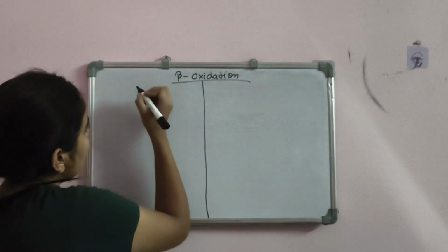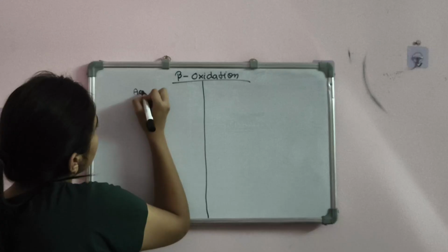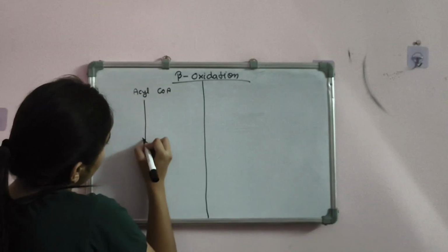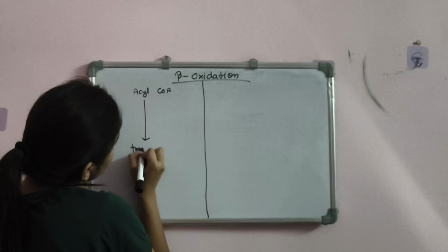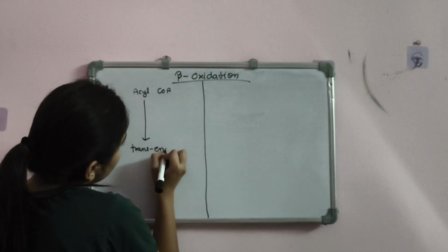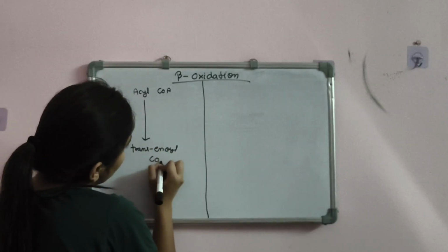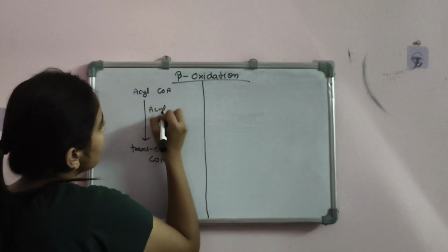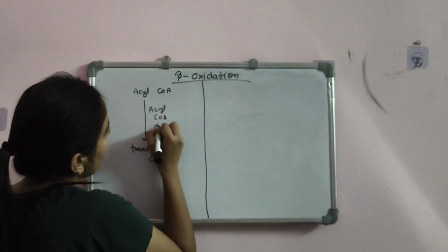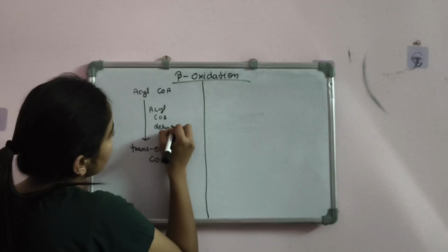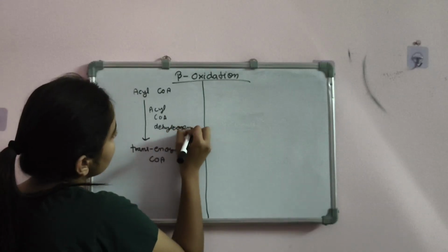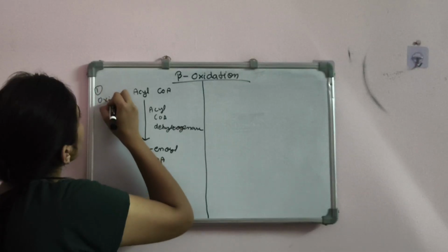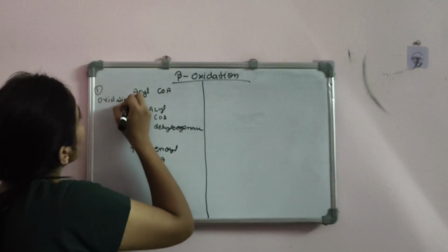So first, it is acyl CoA. From acyl CoA we get trans-enoyl CoA with the help of the enzyme acyl CoA dehydrogenase. So this is basically the first step, which is oxidation.